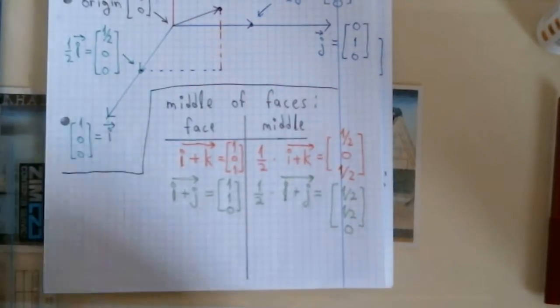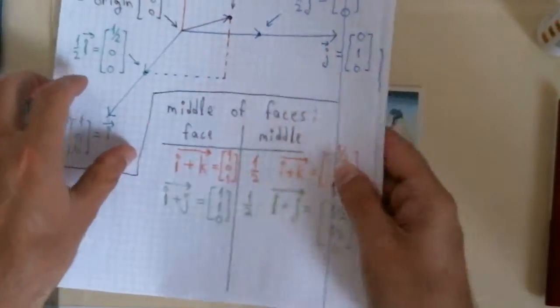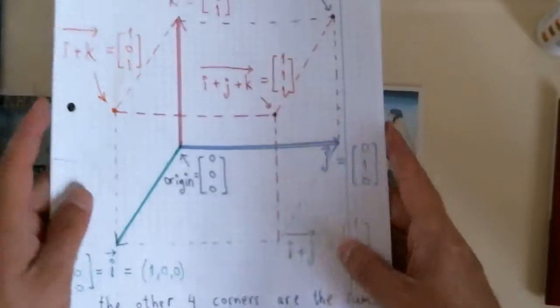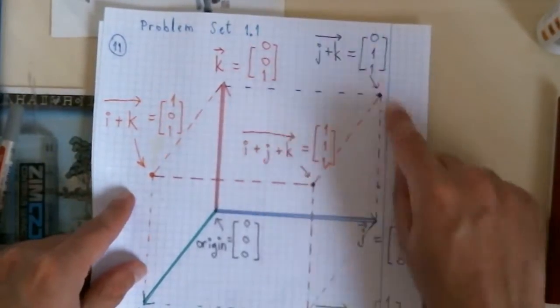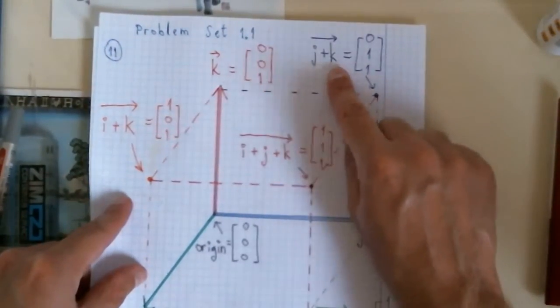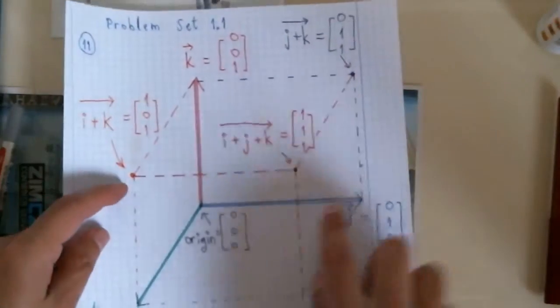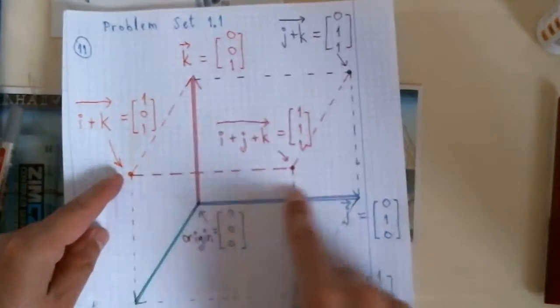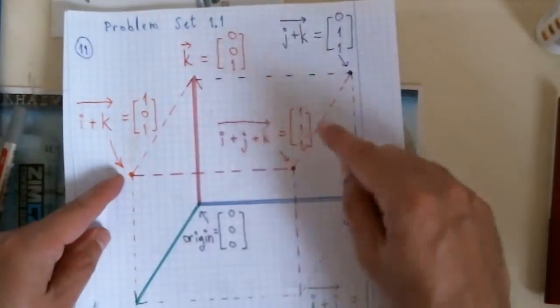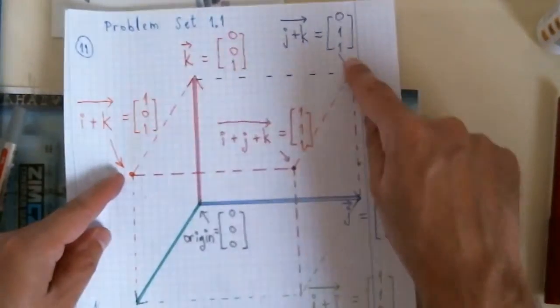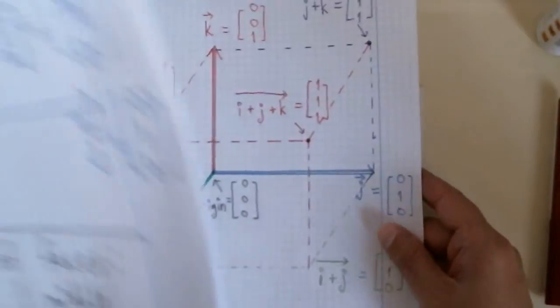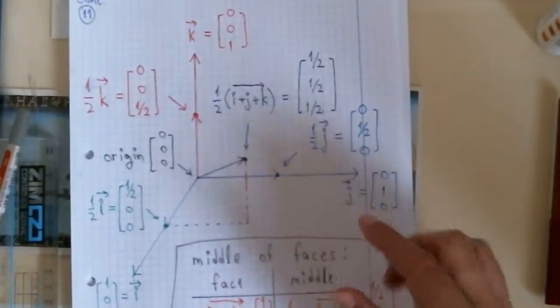Let's take another one. The purple one, j plus k, the one that is far away from us.